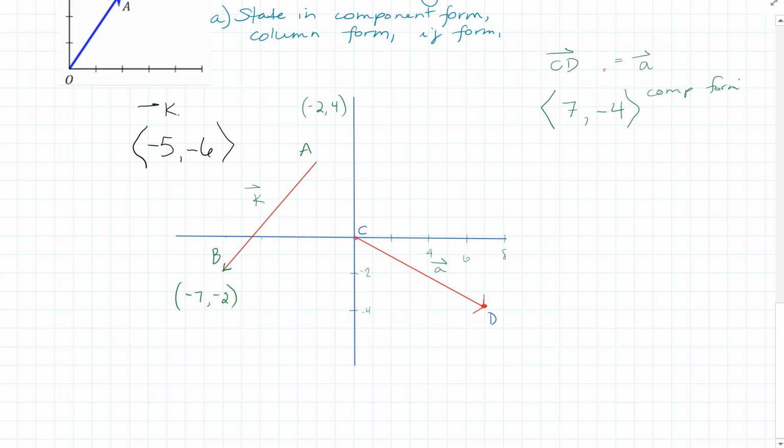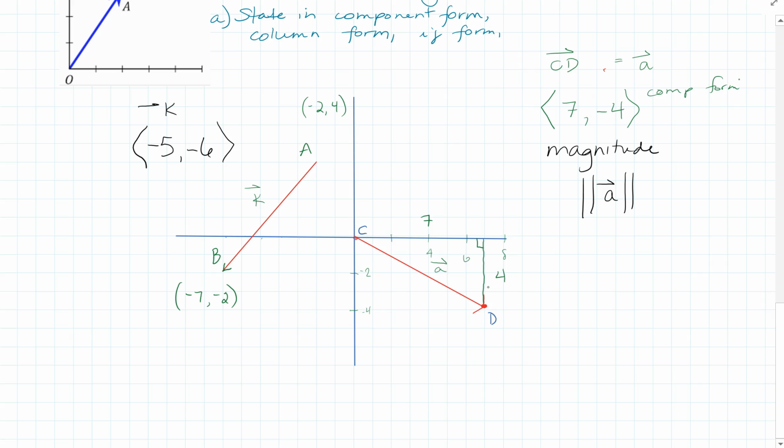But let's say that I want the magnitude. If you want the magnitude, here's how you have to look at it. So the magnitude of A, I'm going to do double bars, A. And I have those notes written above. I'm going to show you that in a second. So if I'm trying to find this, I make a right angle with the horizontal axis, and I say, okay, this is 7, and this is 4.